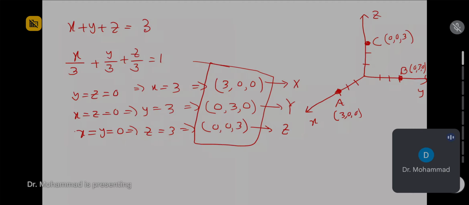Okay, so now we get the 3 points. And now adding these 3 points, so this is our required plane, the ABC plane. We are locating here.